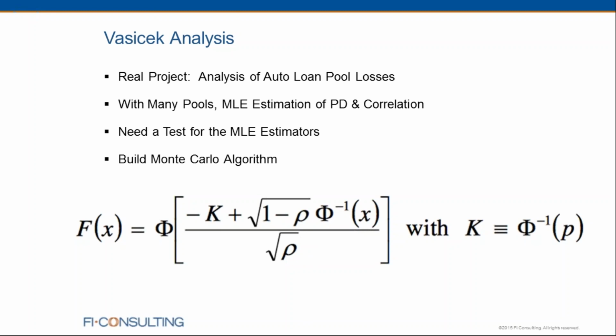Within the past few years, I worked on a project with a colleague of mine with auto loans. We were studying auto loan ABS. The firm I was working with as a consultant at the time had a great deal of data on auto loans, many different pools. Let's say they had as many as 20 pools, each pool having thousands of auto loans.